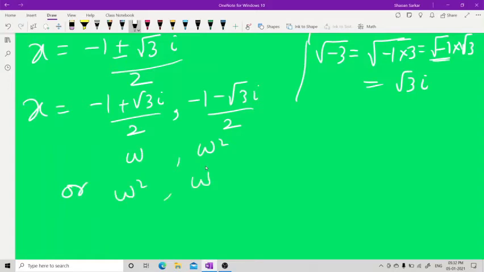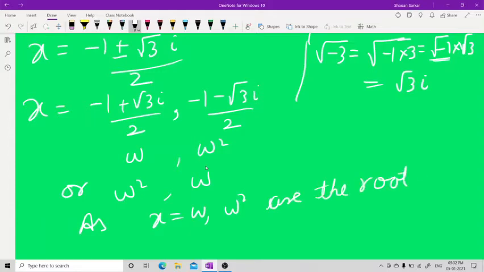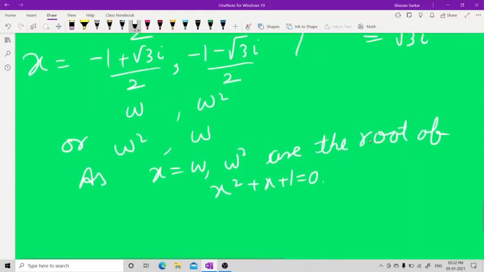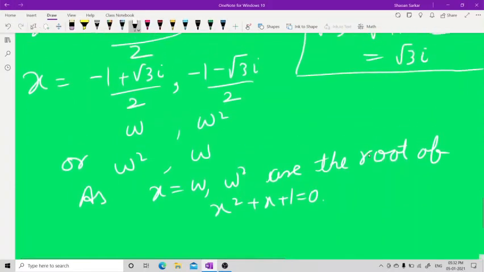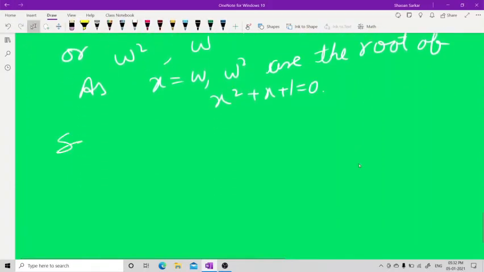So now, as x equal to omega, omega square are the roots of x square plus x plus 1 equal to 0, omega square plus omega plus 1 is 0.